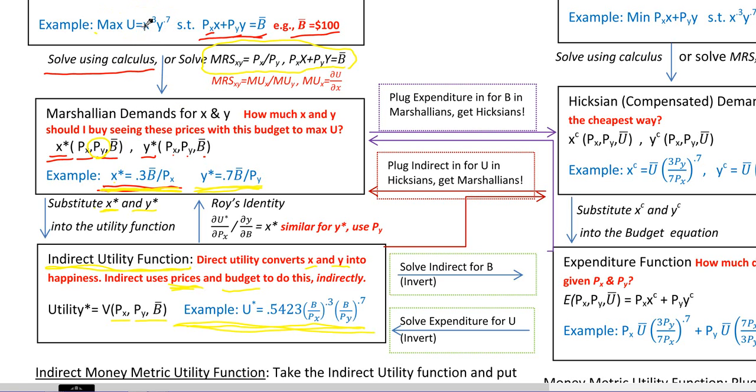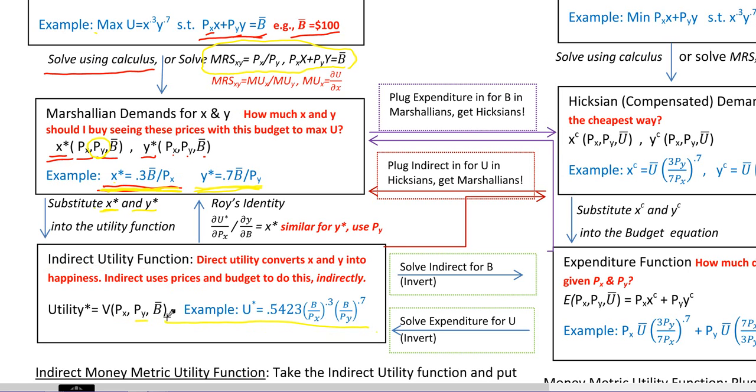Now, suppose you wanted to go backwards. Suppose you were given an indirect utility function and you wanted to get back to those Marshallian demands. How could you do that? Well, take the indirect utility function here. There's an equation called Roy's identity.